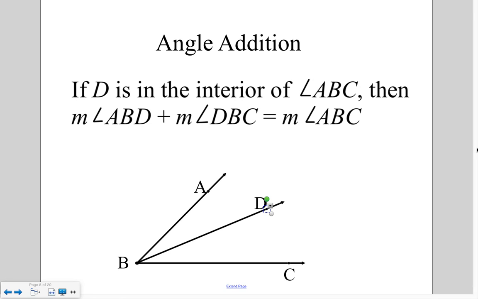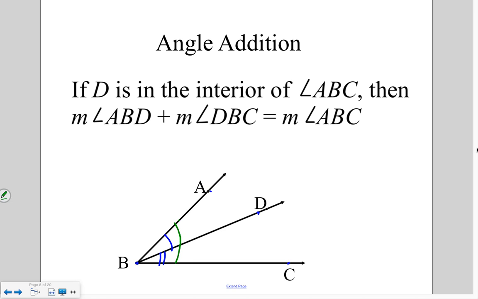Now we know that angle ABD, that smaller angle, plus angle DBC, this smaller angle, right? We know that adding those together would equal the measure of the whole angle, right?